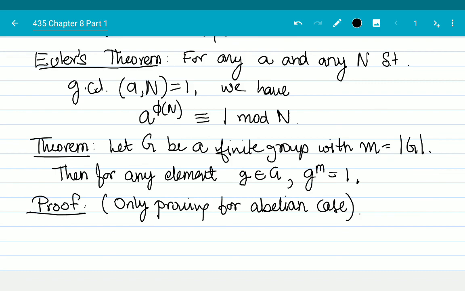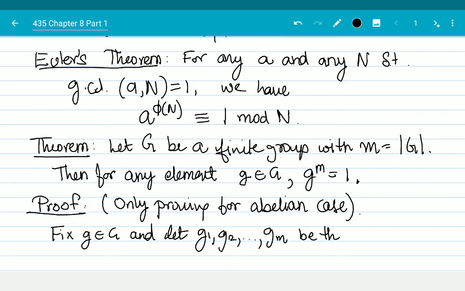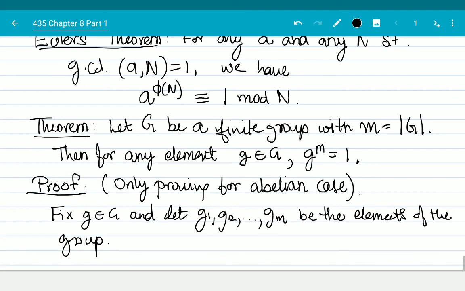Fix g belonging to G, and let g1, g2, ..., gm be the elements of the group. So g is clearly one of g1 to gm. We have no idea which one. It doesn't matter.